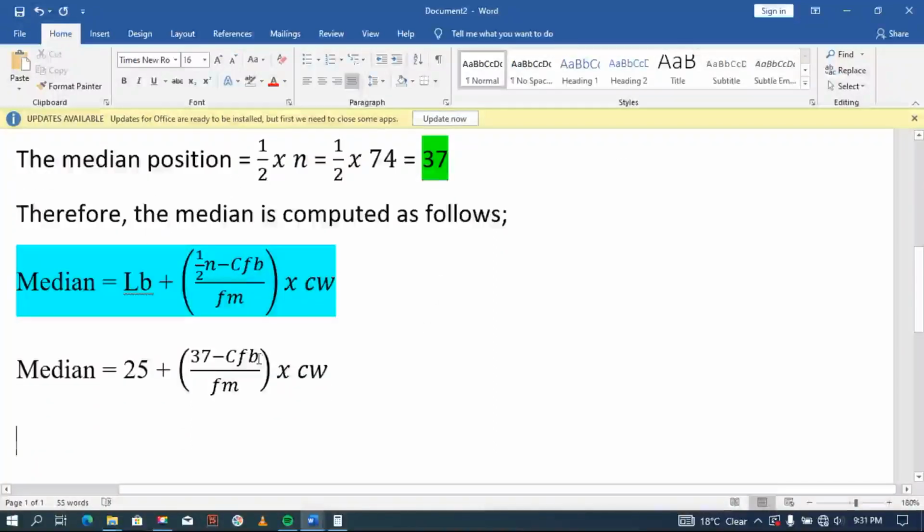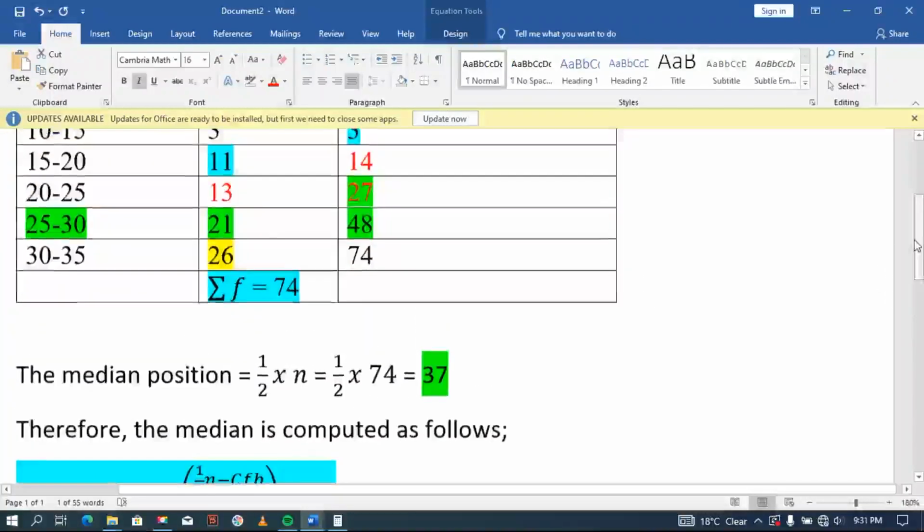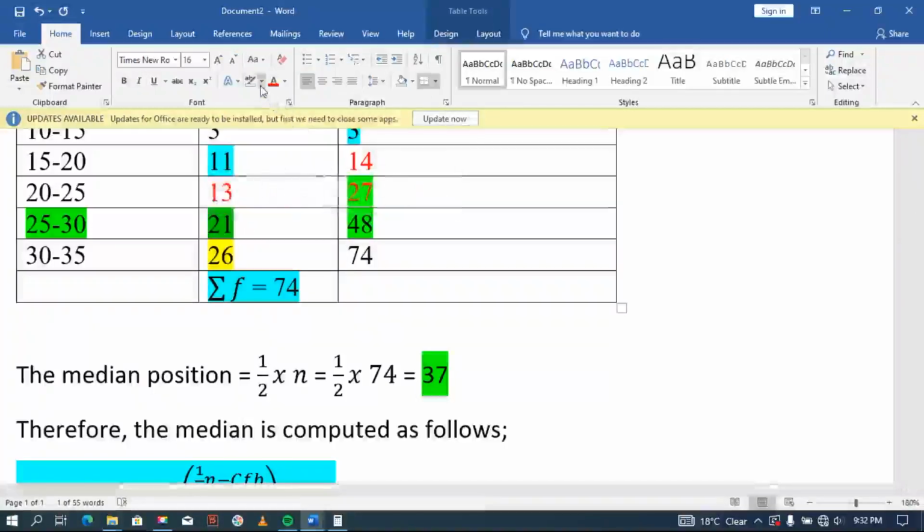And then the frequency of the median class, so if this is our median class of 25 to 30, the frequency is 21. So we read 21.